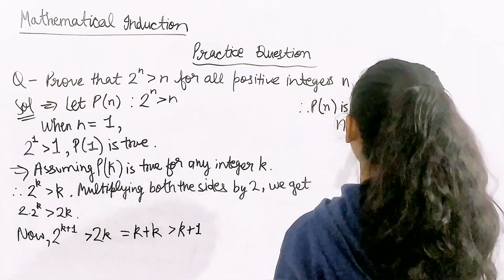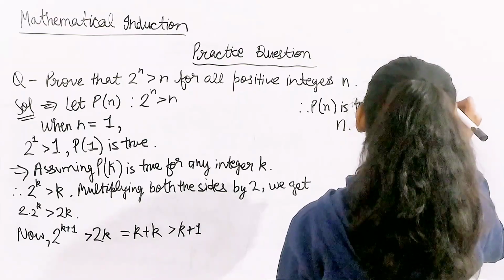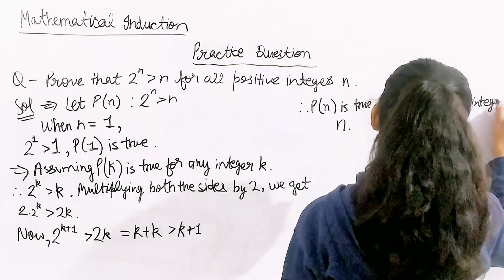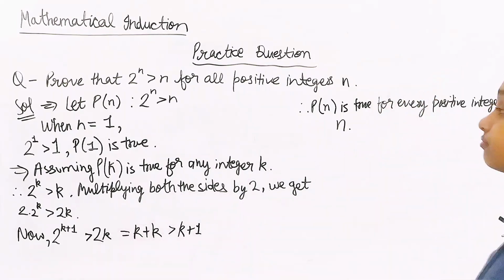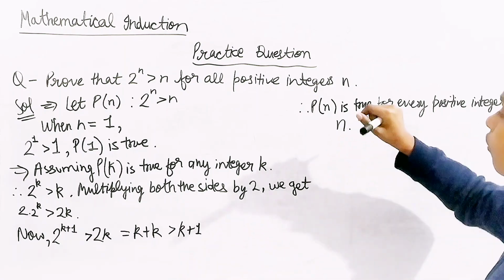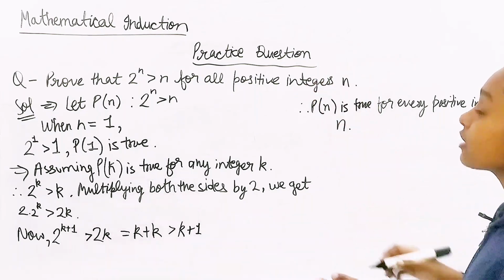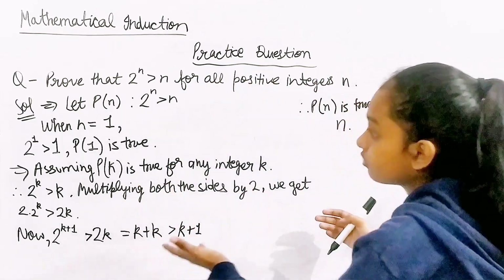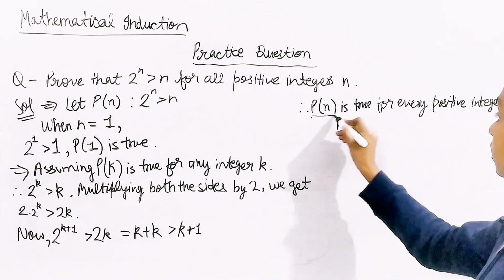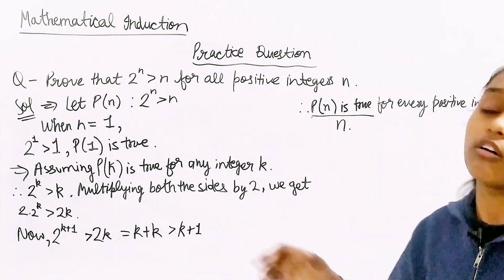So it's true for every positive integer n. Okay, that's good. We can also write for all positive integers, but it doesn't matter to the statement, as we only had to prove it, and we did it, and that's it. So you can even write only this thing, but I just wrote it like this, because it doesn't matter at all.